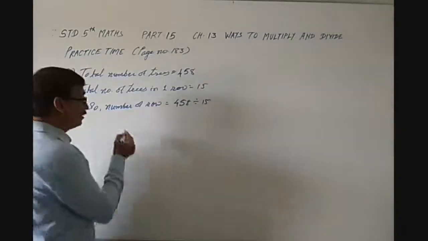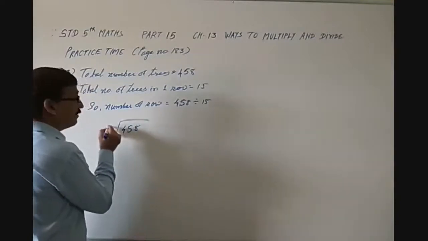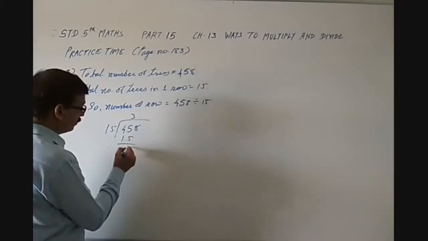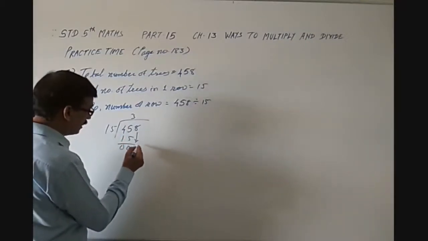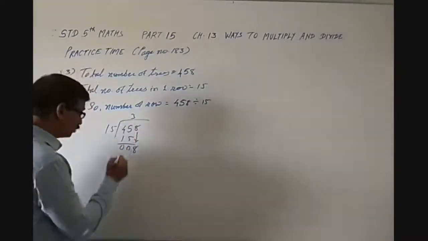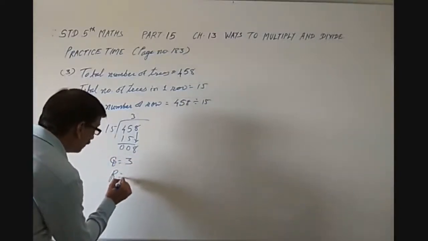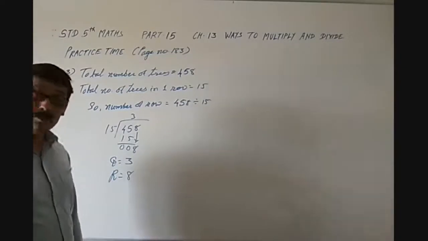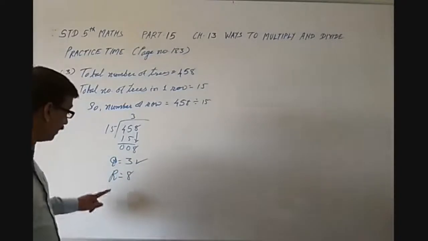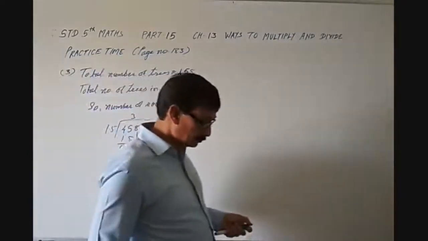And so divide it yourself. 458 divided by 15. 15 threes are 45, 0, 8 over here. So see, the quotient is 3 and the remainder is 8. So the quotient is the answer. So 3 rows will be required and 8 plants will be left.